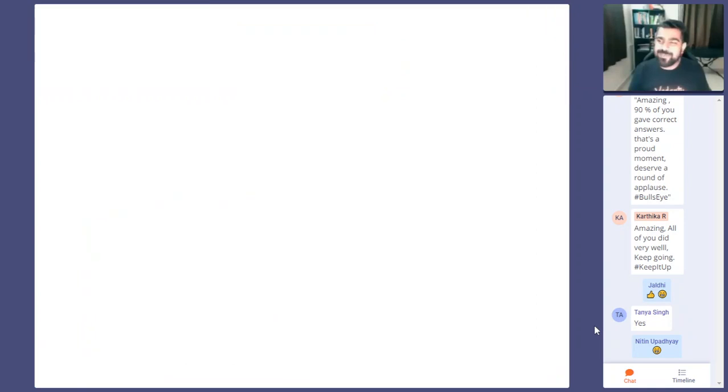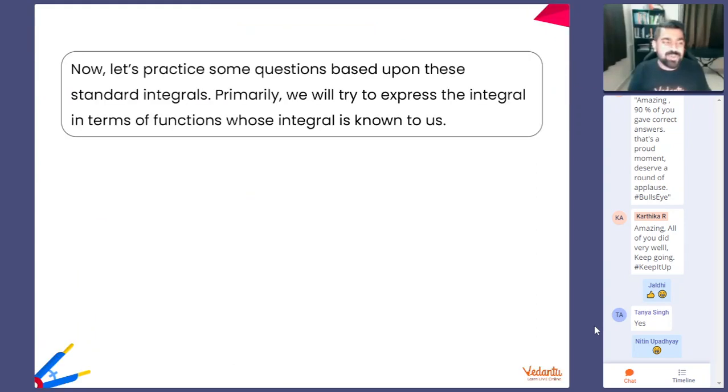Okay. So let's move forward and have a look at some questions where we will use these standard integrals which I taught you. So guys, obviously you're all at a place where we train people for top ranks in competitive exams. So I'm not going to give you laddu questions. I will give you questions where you have to use your brain, manipulate, then use the formula.